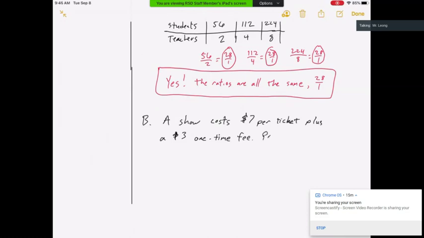Is this one proportional? Go ahead and write that down.